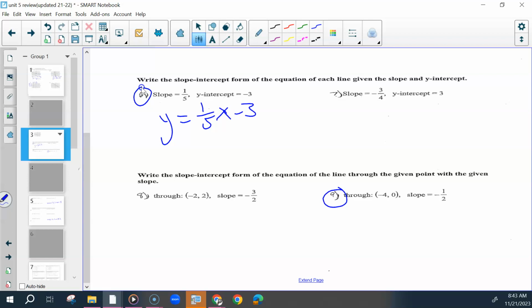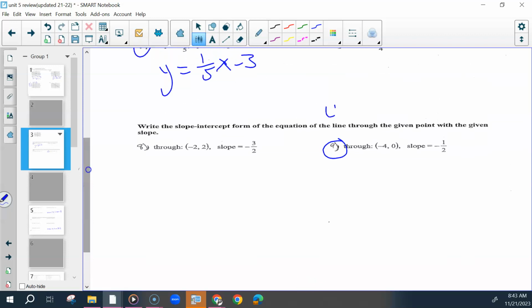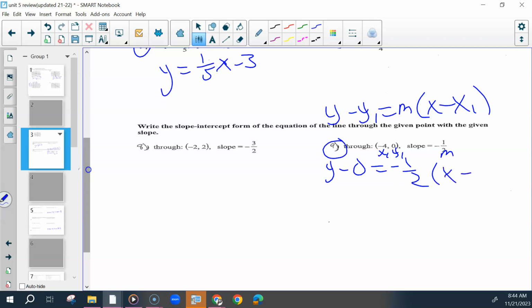For 9, though, you are given a point and you are given a slope, so you have to use your point slope, which I'll write up here. y minus y1 equals m times x minus x1. This is also somewhere over here in pink, and on the board. So you have your x1, y1, and your m, and you're going to put each of those into that format. y minus 0 equals -1/2 times x minus minus 4, or you can just change it to a plus.